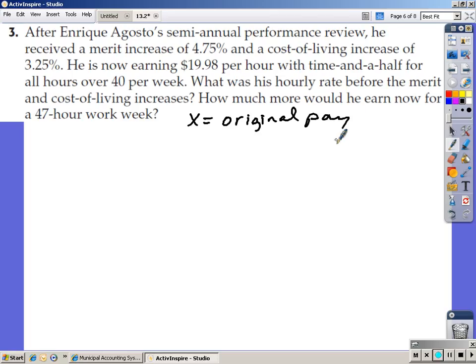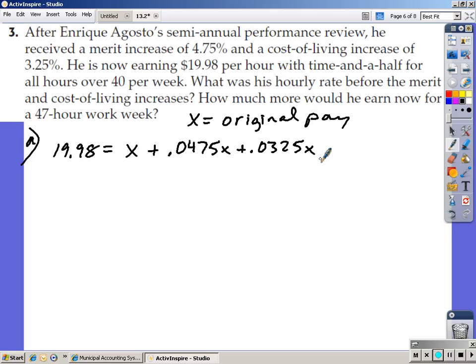Okay, so let's set it up. He's making $19.98 now. Part A, $19.98 now. We're going to let that equal X plus my increases. My first one is 0.0475X plus 0.0325X.